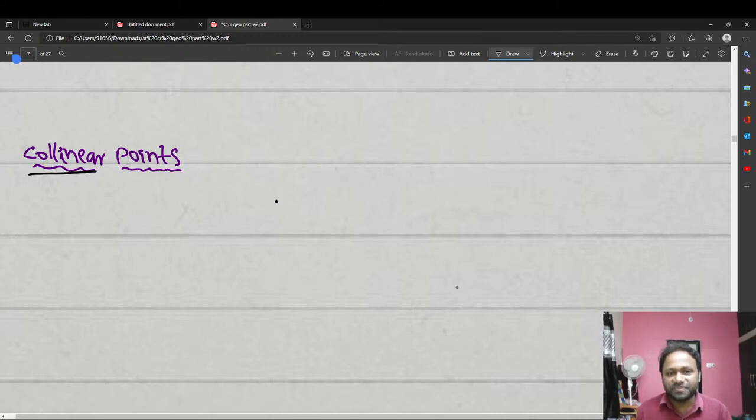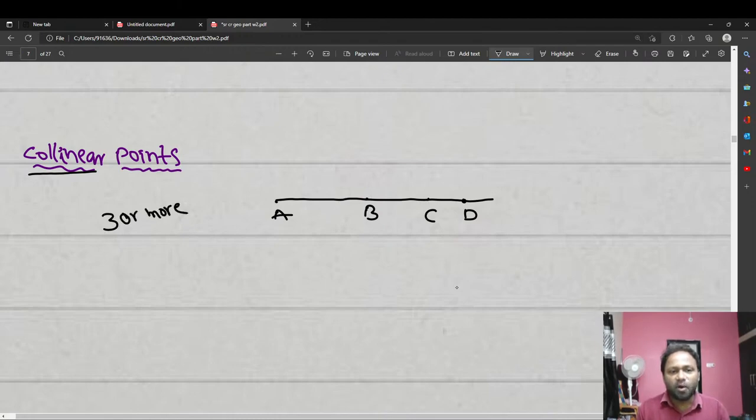If A, B, C, 3 points I have taken, or more points you can take, D is also there. If three or more points lie on a line, then those points are called collinear points.